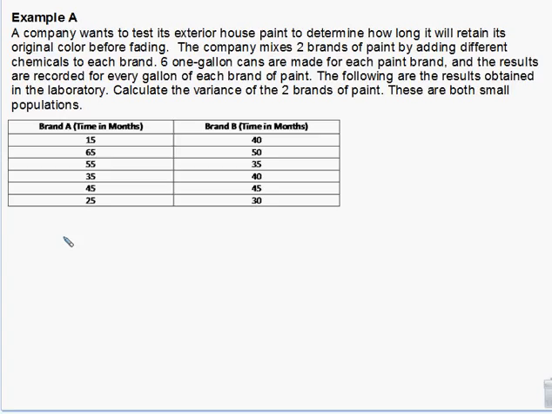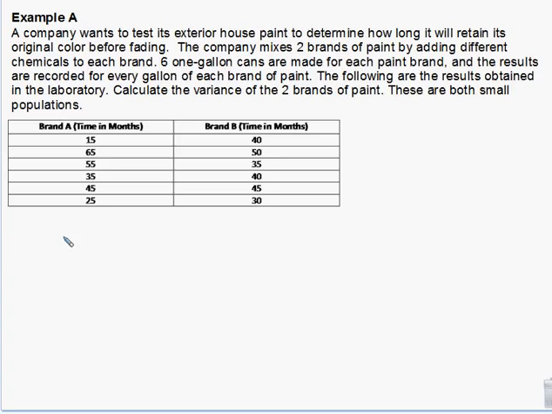Well, paint that has more variance in the time that it lasts when they test it is going to be less reliable. A shorter variance means if you're saying the average time this paint lasts is 5 years, then your variance being really small means that they'll last somewhere really close to 5 years. So you're more reliable.